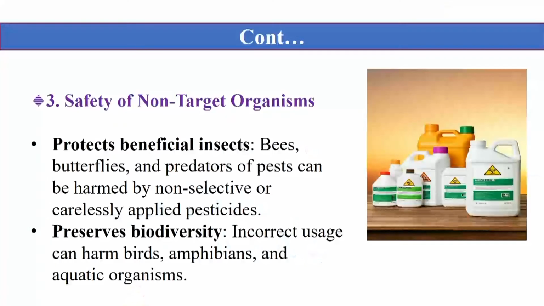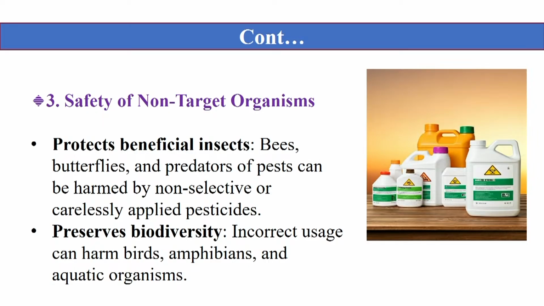And the third point is safety of non-target organisms. It protects beneficial insects like bees, butterflies, as I discussed in the previous slide, and predators as well as the pest. Non-selective or carelessly applied pesticide can harm them, and safe handling can preserve biodiversity.